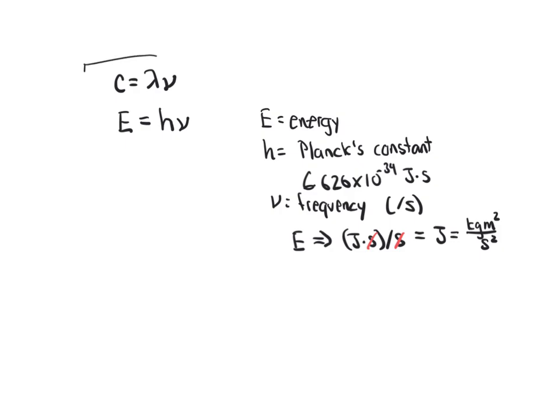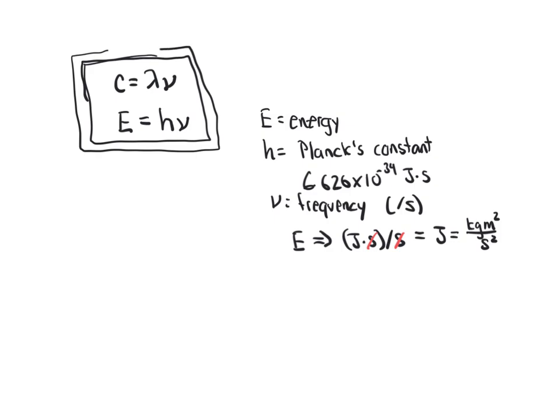These two simple equations, which describe energy, wavelength, and frequency of light, are very important as we move forward, and you should simply memorize them and know them. You don't need to memorize the constants, so you don't need to memorize the value of c or the value of h. You'll be given those. But you need to know these equations, and you need to be able to use them to find frequency from wavelength, wavelength from frequency, and energy from frequency.